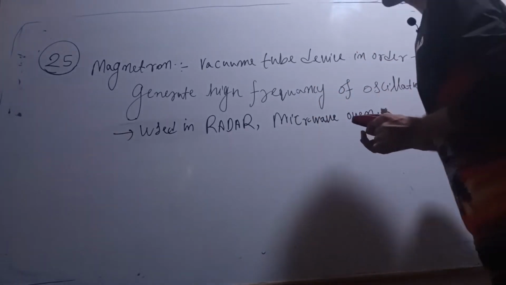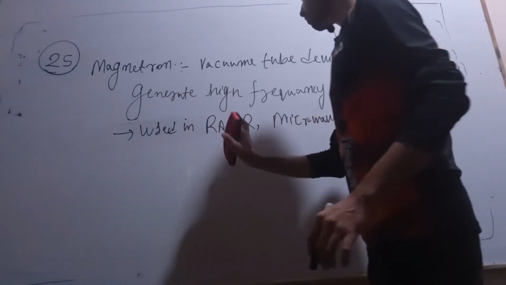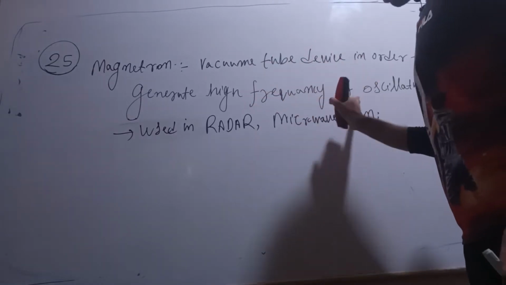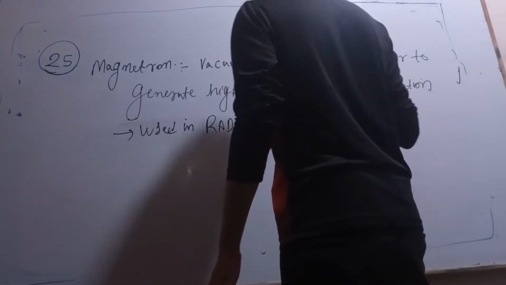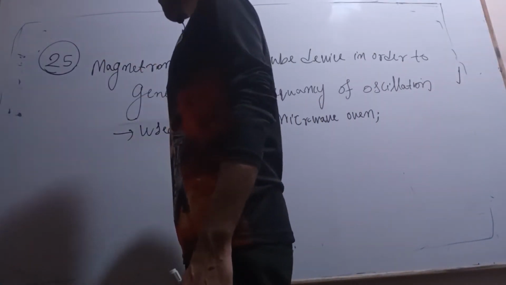These are the applications where we mostly use the magnetron. Its main purpose is to increase the frequency of oscillations in the RF signal so that we can increase the power of the RF signal.